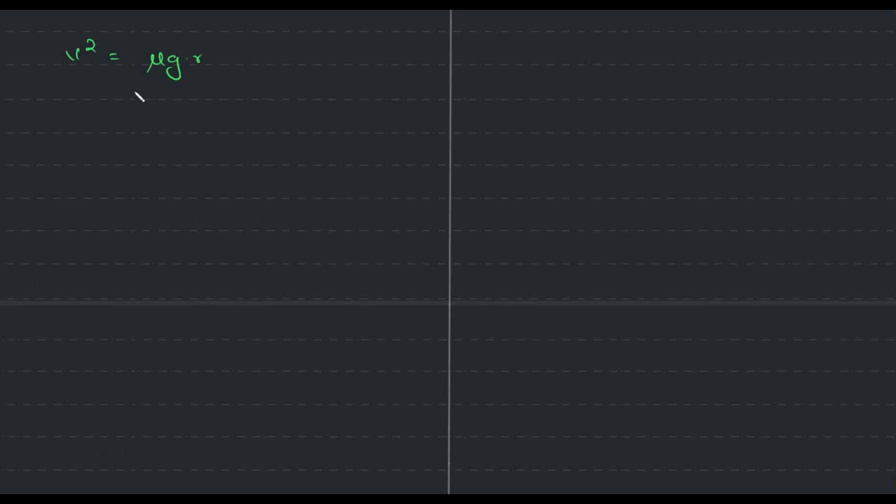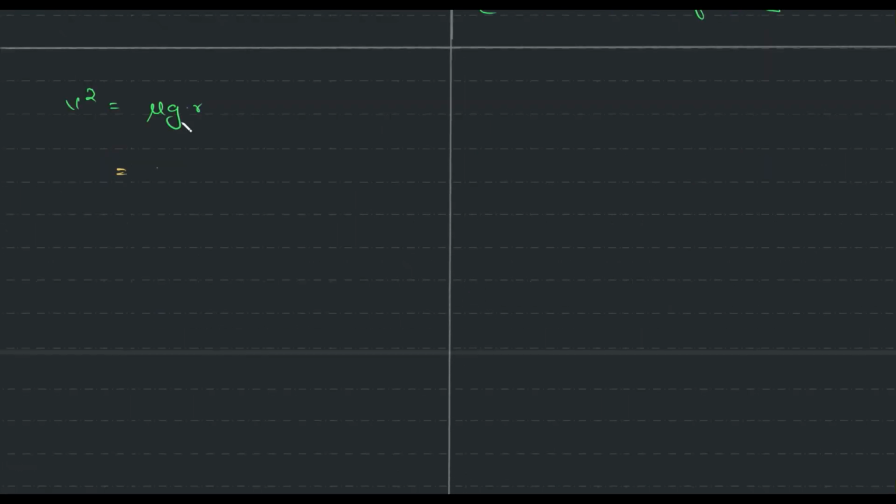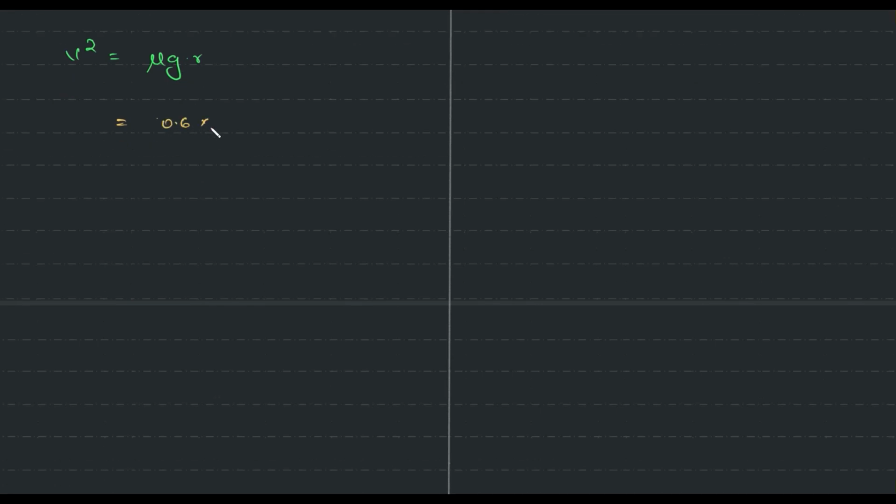v squared equals mu times r times g: 70, and mu is how much? 0.6. g is 10, into 70.